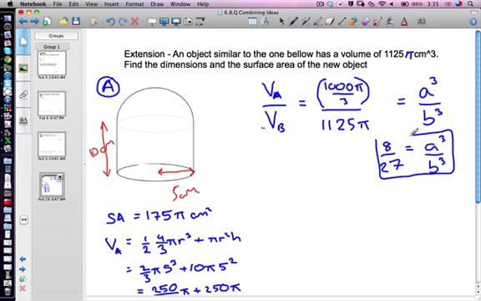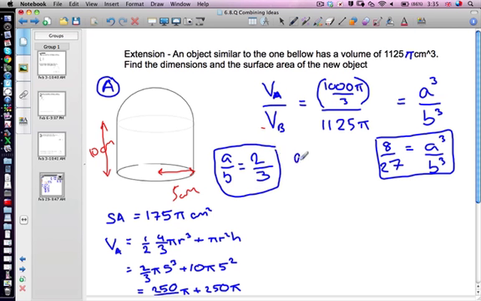That enables us to do a few things. If we want to know the ratio of the sides, A over B, we can just cube root 8. So the cube root of 8 is 2. And the cube root of 27 is 3. So that's the ratio of the lengths.